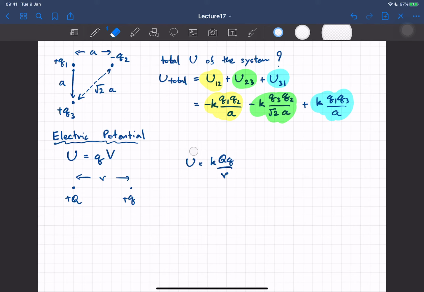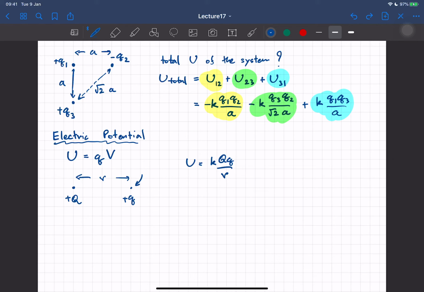So similar to the way we motivate the idea of electric field, we want to say that this small q is interacting with something here, which is produced by big Q. So in terms of the force, it's F equal to electric field times the charge, right? So in this case, we're going to be doing the same thing.